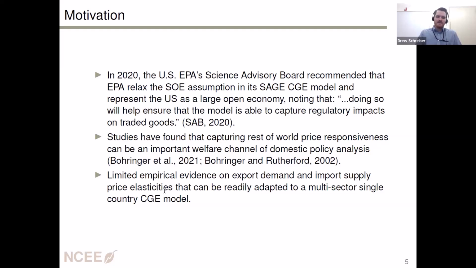But when we tried to find some empirical evidence on what these specific elasticities that we need to parameterize this assumption into a single country model would be, there was limited evidence, and a lot of the papers that we found were for very narrow commodities, or they were elasticities that were dependent on trade partners and not necessarily trying to capture this relationship between a modeled country and the aggregate rest of the world.